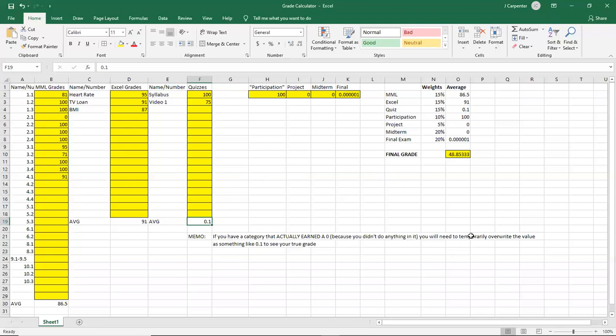So that's why I say temporarily, which means after you do that 0.1 and you see your true grade, you hit undo. That way, those formulas will all still be in place. See, average. If I manually type that as a 0.1, it no longer says average. It's no longer doing anything here. So if I did assignments later, it'd be screwed up.